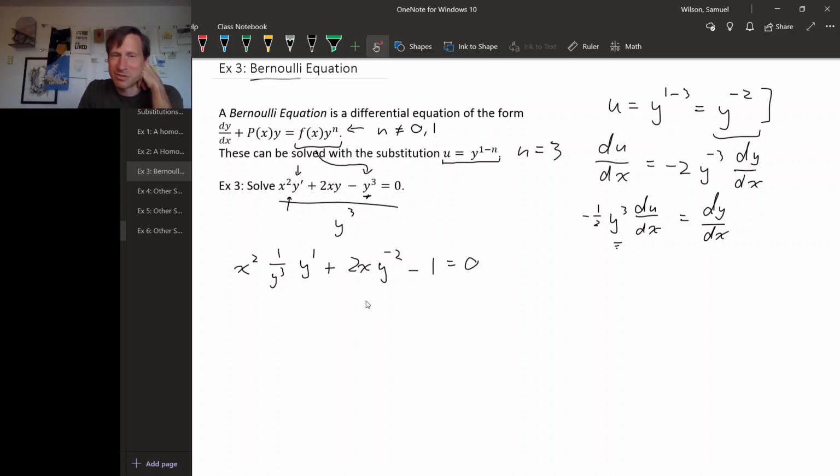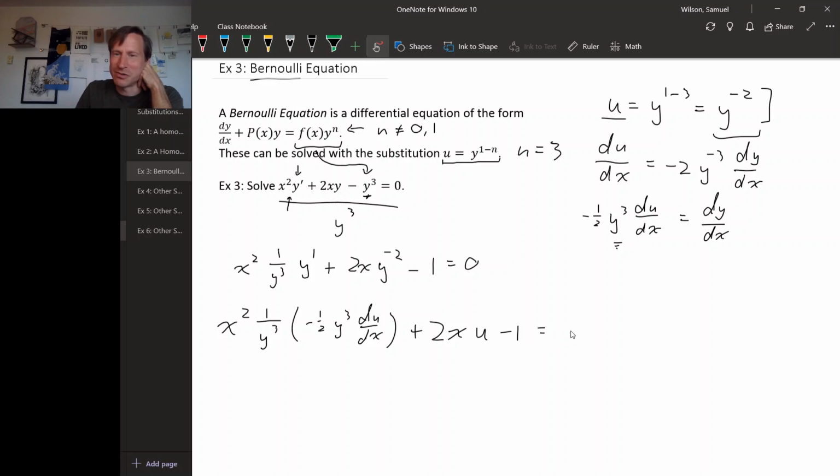Now let's do our substitution. We get x squared times 1 over y cubed times y prime, and that's over here, minus 1/2 y cubed du/dx, plus 2 times x times y to the minus second, but y to the minus second is u.